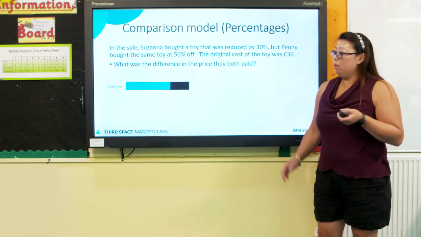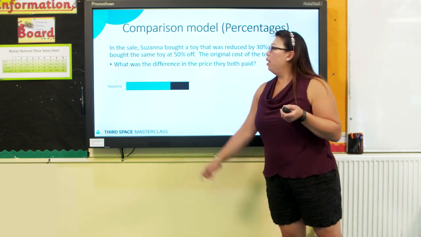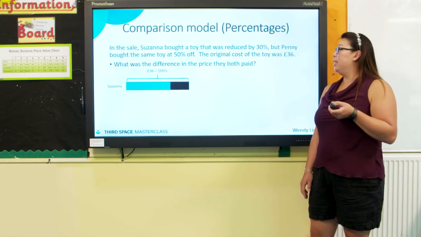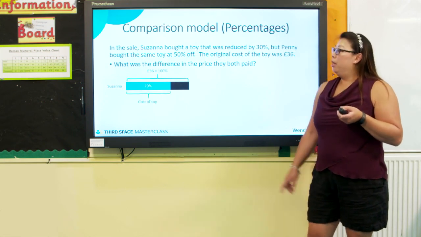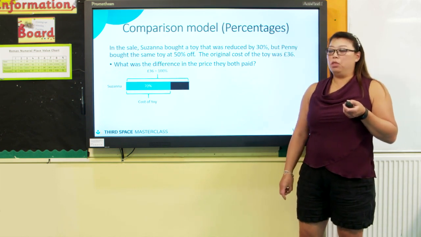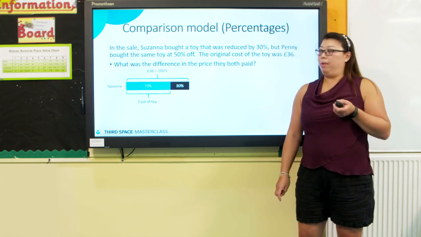Okay, so we can model Susanna, who bought a toy. So the whole bar represents that 100%. The original cost of that toy was £36. We know that Susanna only paid 70% of that for the toy, which meant that 30% was the discount.